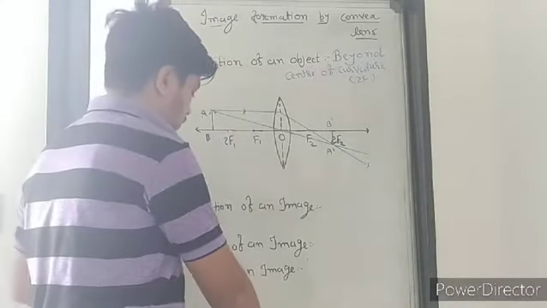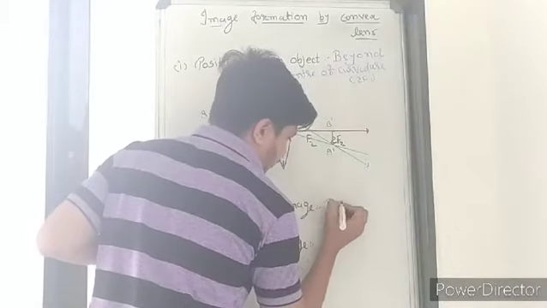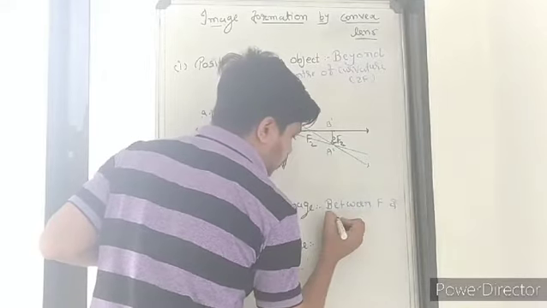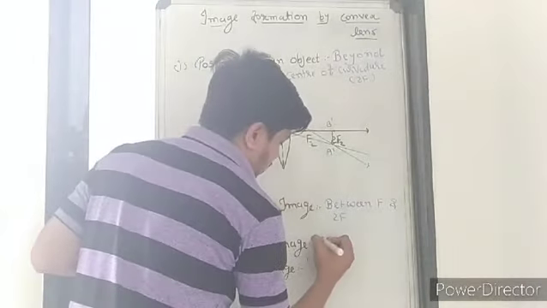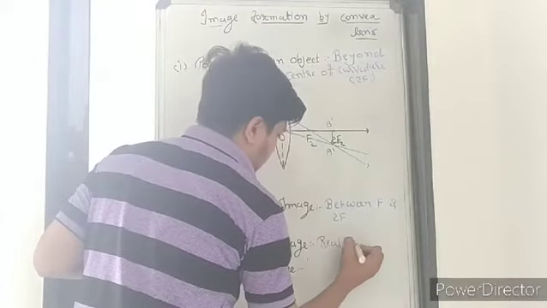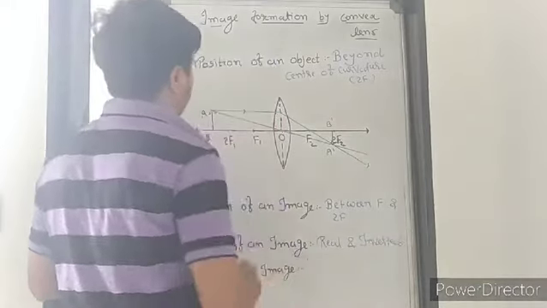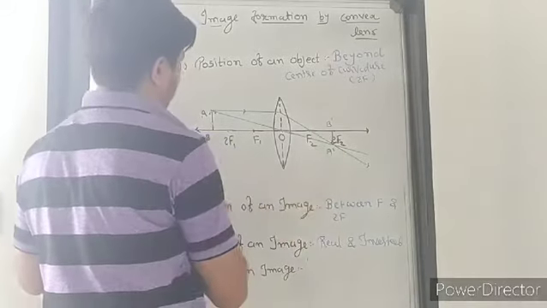So here it is our object. The position of the image is between F and 2F. What is the nature of the image? It is real. You can see it here. And inverted. And what is the size? The object is bigger as compared to the image.